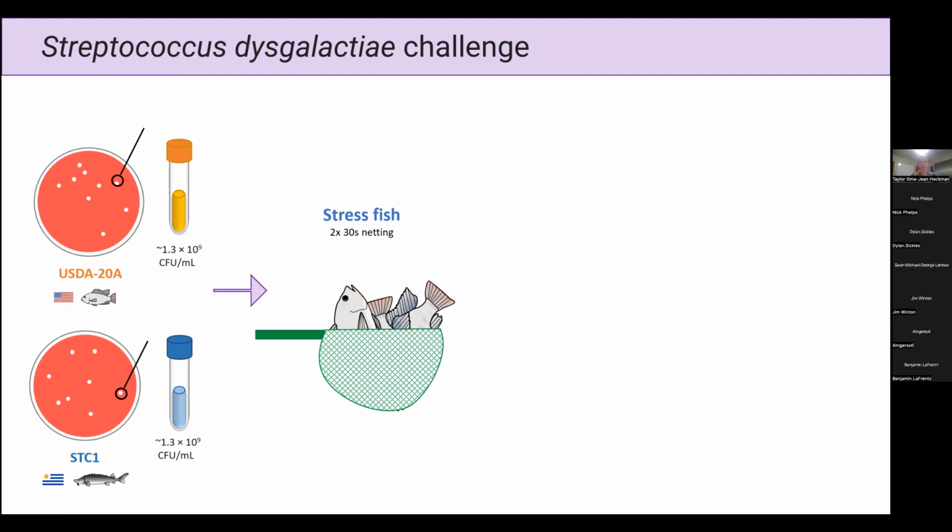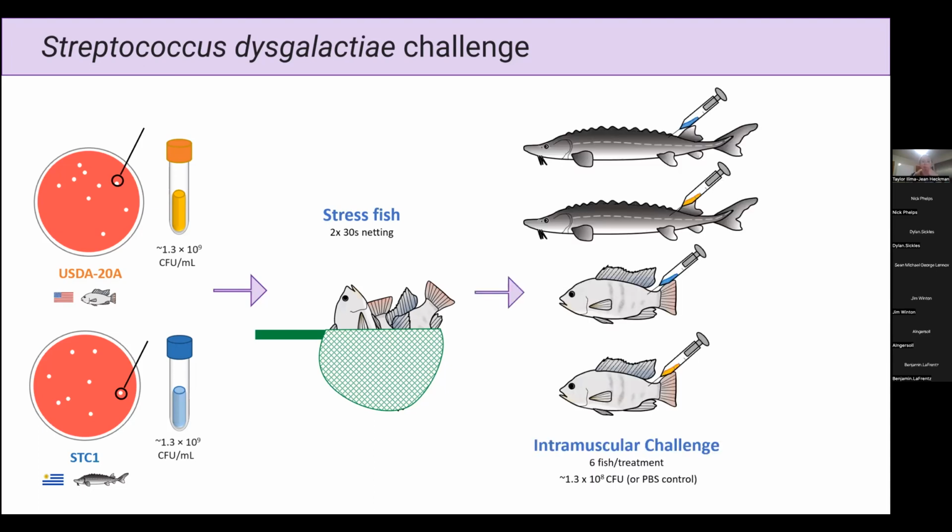So we took a representative strain from clade 2, a USDA 20A strain from tilapia, and a representative strain from the sturgeon clade, STC1. We stressed the fish out for about 30 seconds twice by netting them and suspending them. And then we used an insular challenge. We did 6 fish per treatment and a CFU of 10 to the 8th.